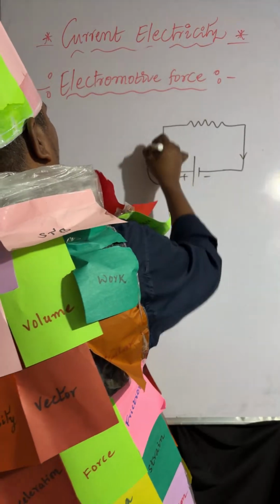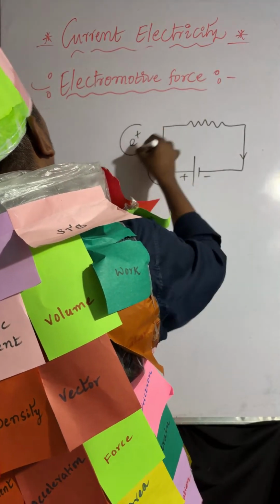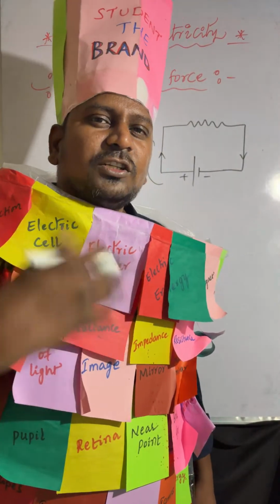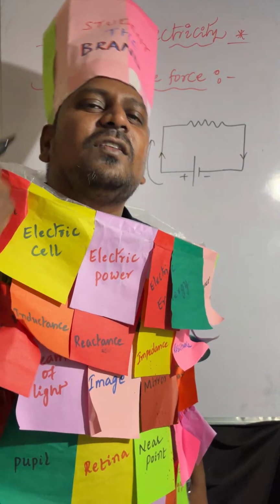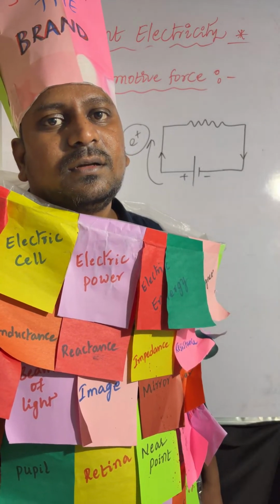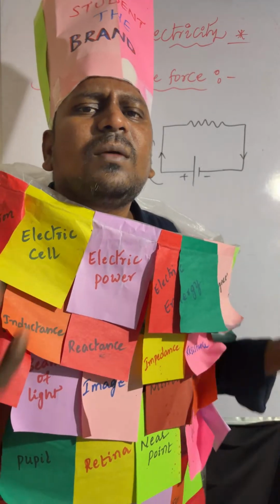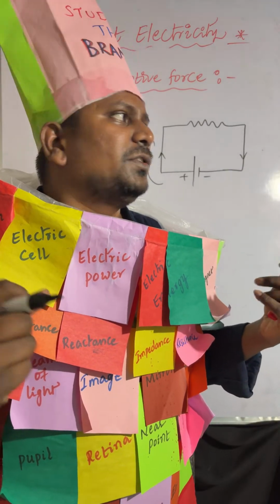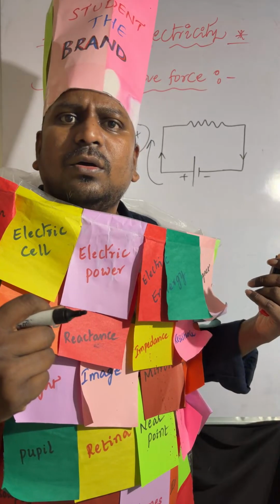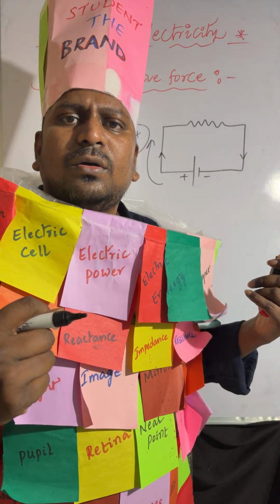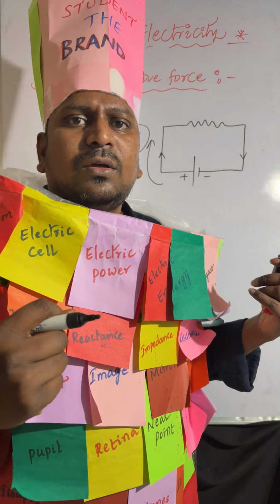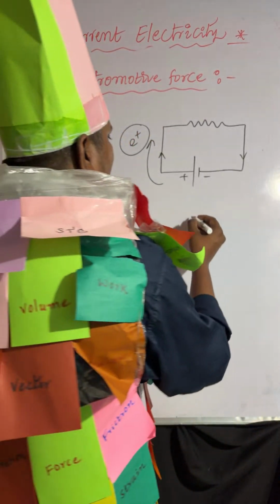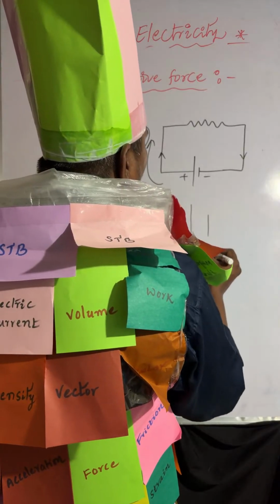Positive charge will move from positive terminal to negative terminal. Understood? So what about when the positive charge reaches the negative terminal? From negative terminal to positive terminal also, the positive charge should move, right?